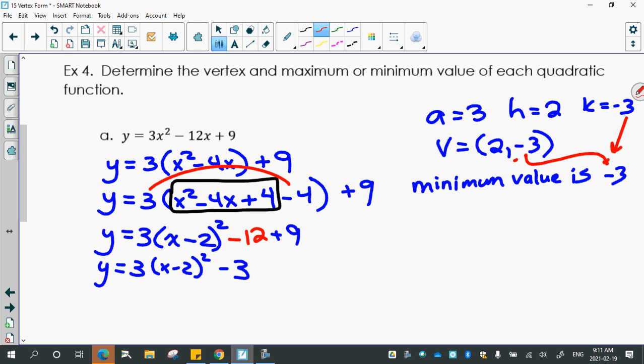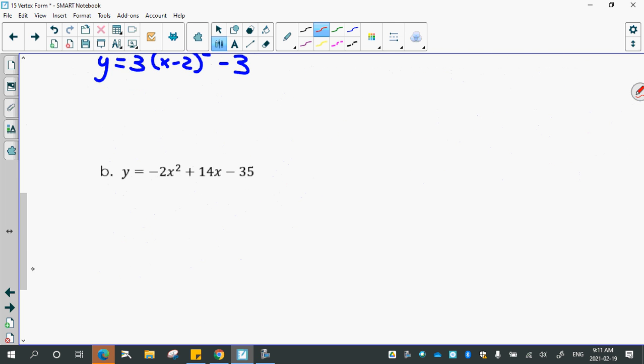All right, great. Let's try the next one together. First step is to factor the -2 out. You guys should be able to do the first step, no problem.